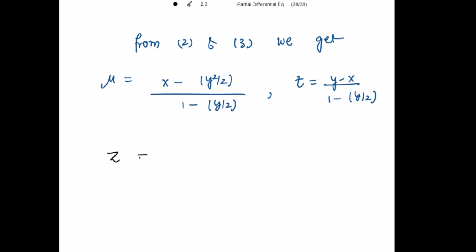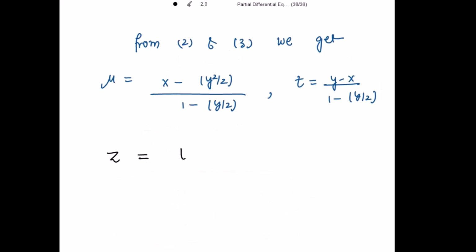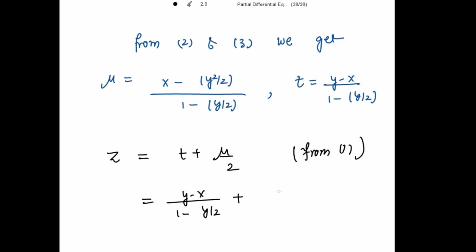So we have z to be equal to (t plus mu) by 2. From 1, putting the values of t and mu, okay, so this is (y minus x) divided by (1 minus y divided by 2) plus (x minus y square divided by 2) divided by (1 minus y divided by 2), into 1 divided by 2.